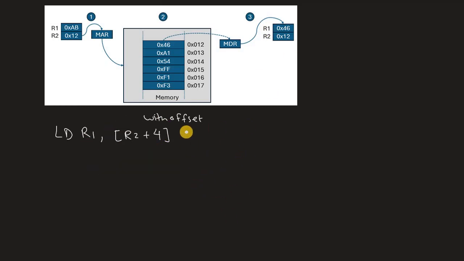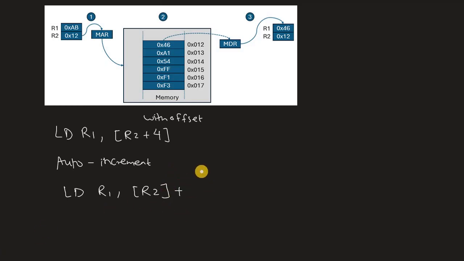And with the offset, you can have many cases. For example, you can have auto increment. An example of auto increment would be load R1, then you have the address of R2, and then you have a plus afterwards.